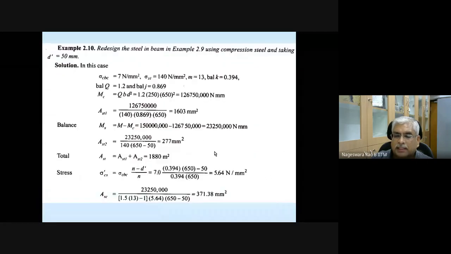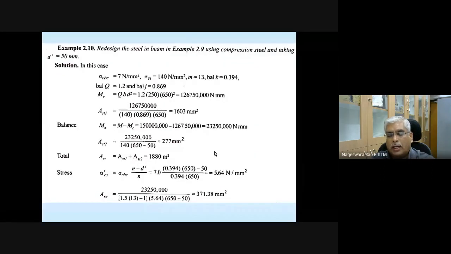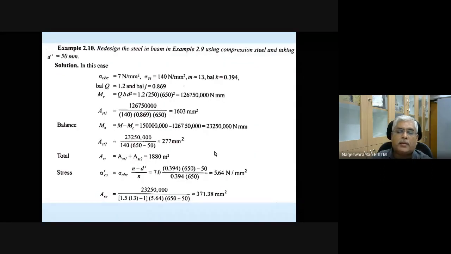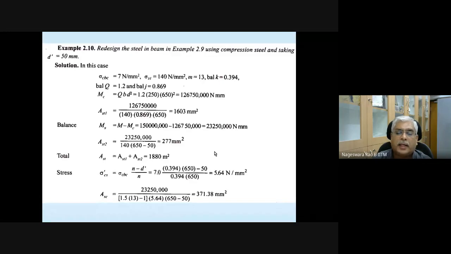So let's redesign the same beam, taking B equal to 250 mm, D equal to 650 mm, Fe 250 steel, and D equal to 750 mm for Fe 415 steel. Now the workout that is shown here is for B equal to 250. Please take a note of that in your notes.